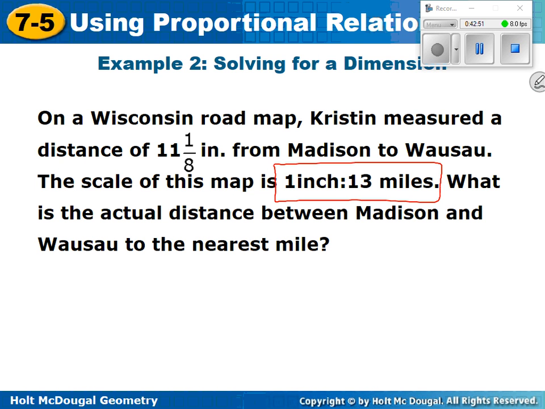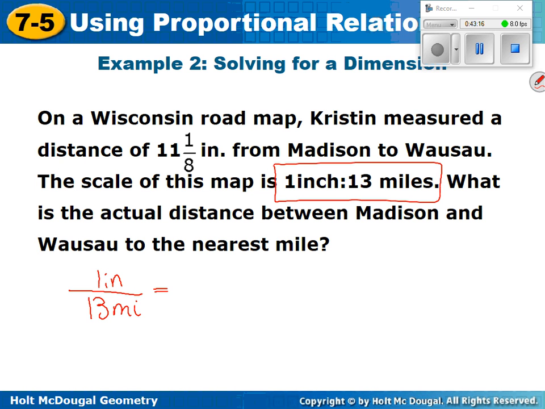So anytime you have a problem like this, you can write a proportion, just like we've been doing all day long. Start with your scale: 1 inch over 13 miles. And then just set that equal to the fraction that's going to help you calculate what you're looking for. On the map, 1 inch is 13 miles.